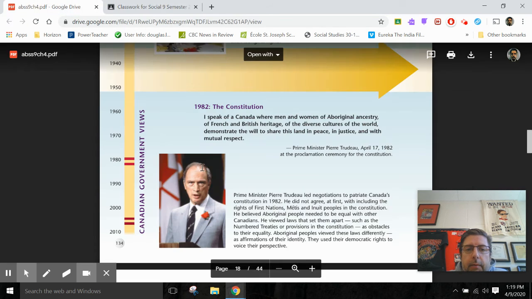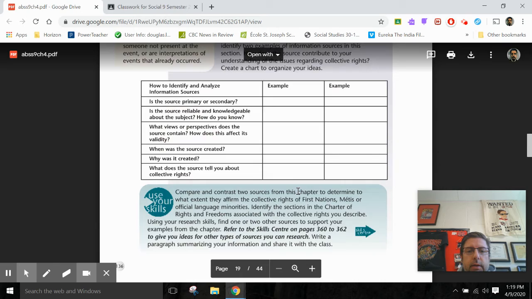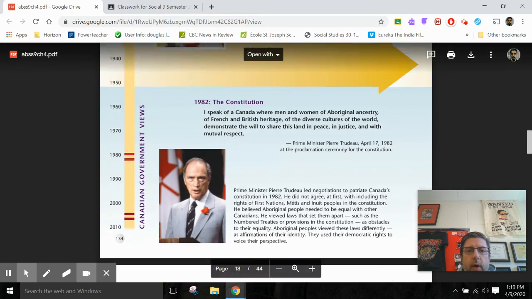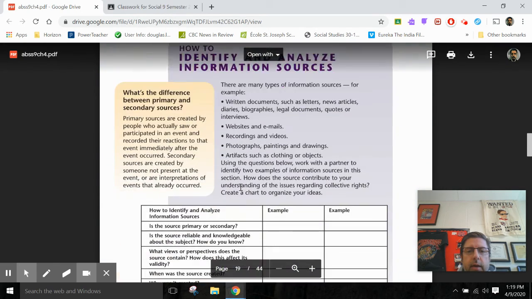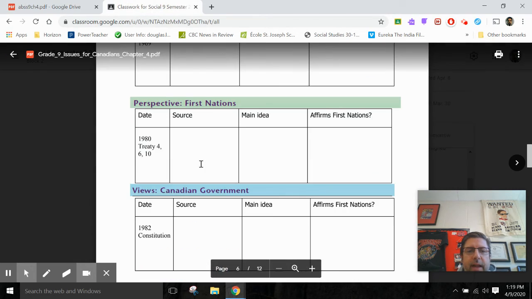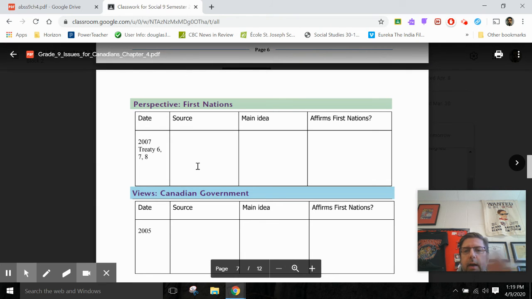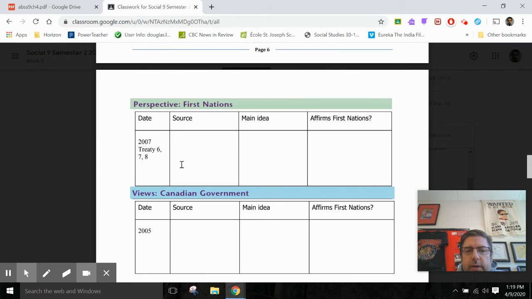And of course, the source would be Prime Minister Trudeau at that time. I think there might be one other. I think mine is a little bit different than yours as far as the page numbers, but that's essentially what is done. I think there's one that doesn't show up on the PDF version, but that's it.